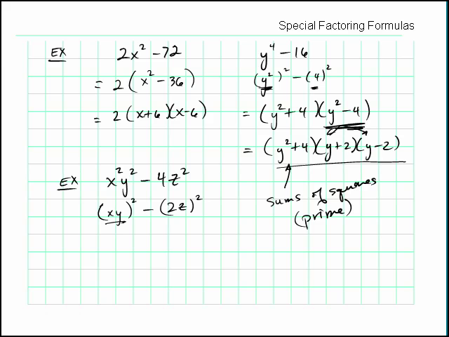So it is a difference of squares, this squared minus this squared. And so following the pattern, we should have xy plus 2z and then xy minus 2z. All right, and that is our difference of squares pattern. The next pattern that we're going to talk about is the sum of cubes pattern.